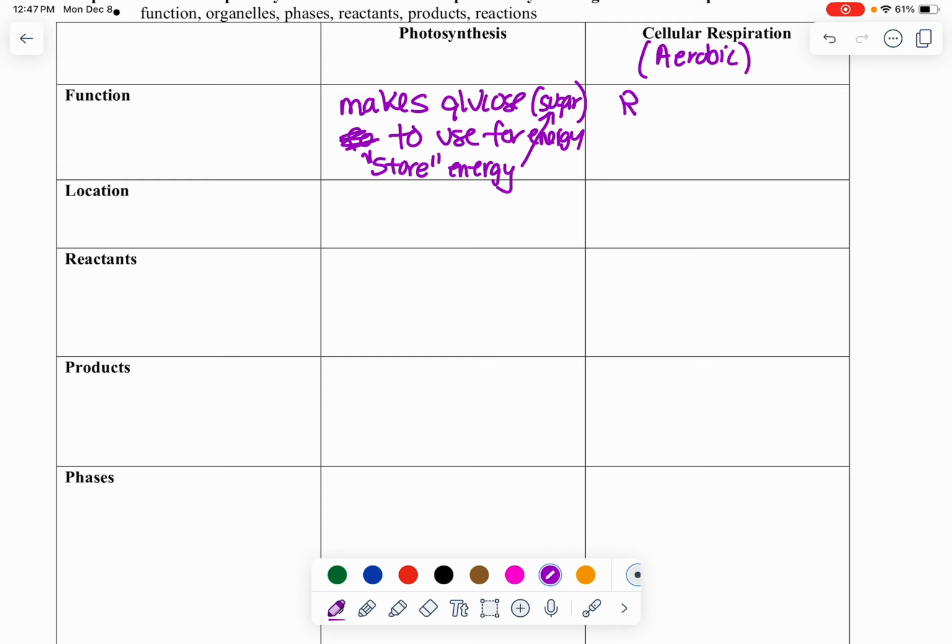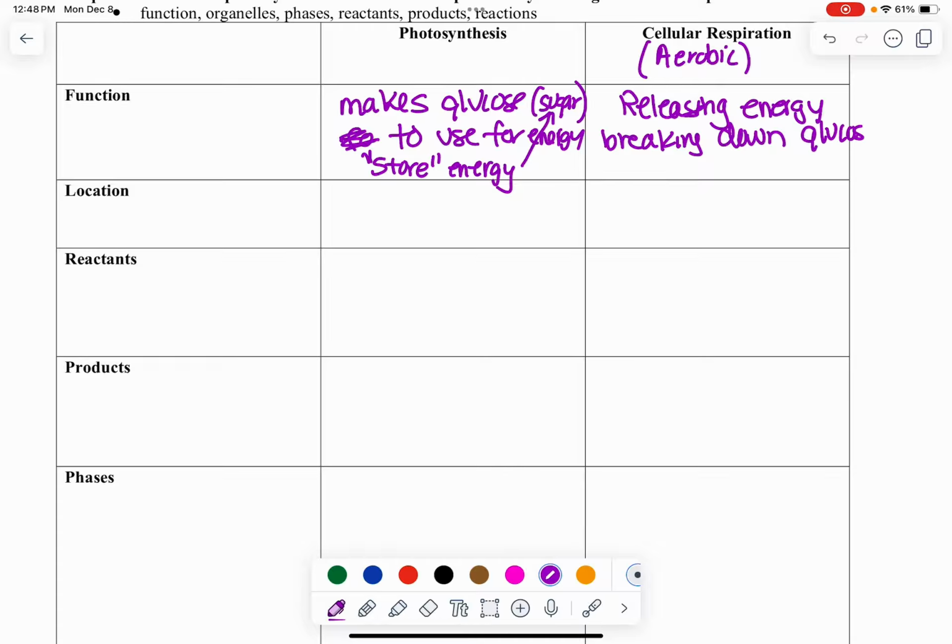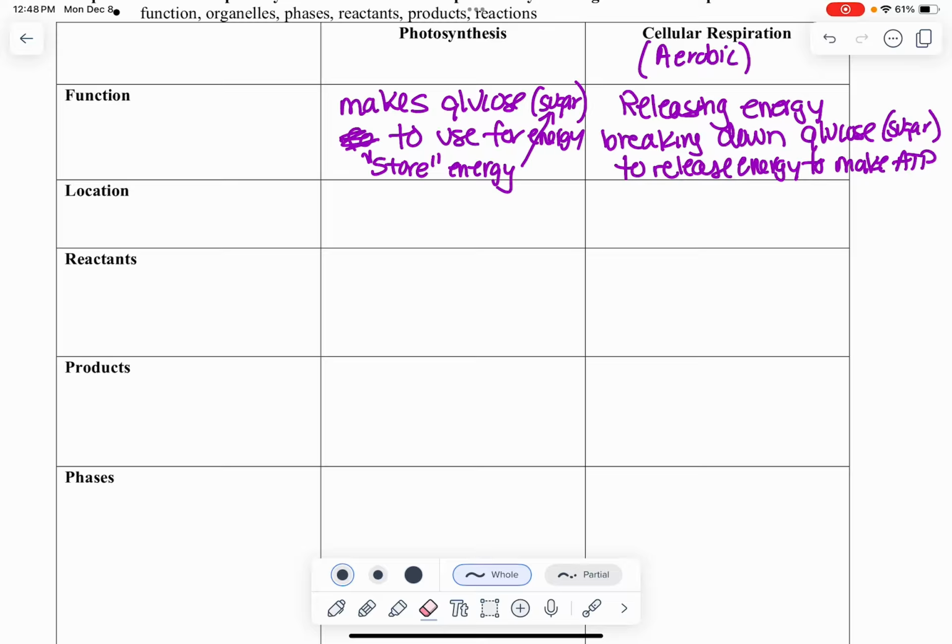And aerobic, sometimes they refer to this as releasing energy, because we're breaking down glucose or sugar to release energy to make ATP. So we're storing energy because we're making glucose. Here we're releasing energy because we're breaking down glucose. They're kind of opposites.